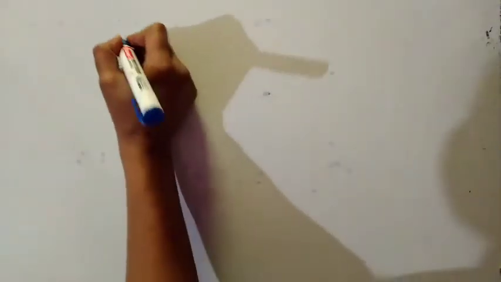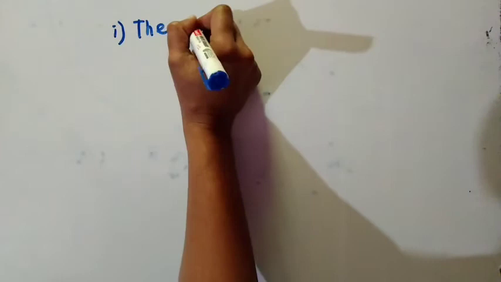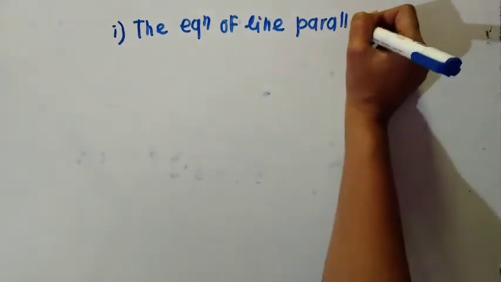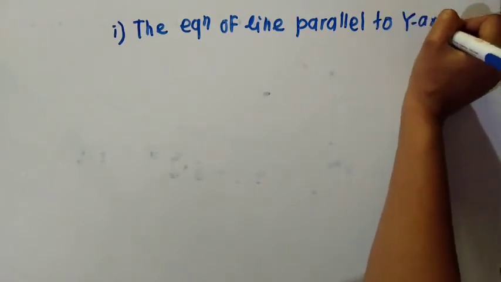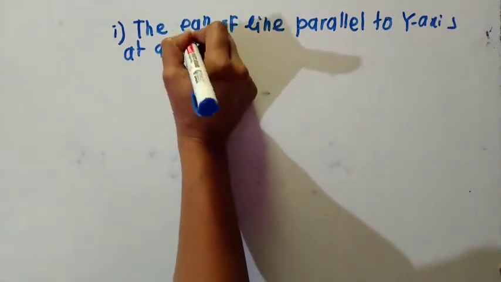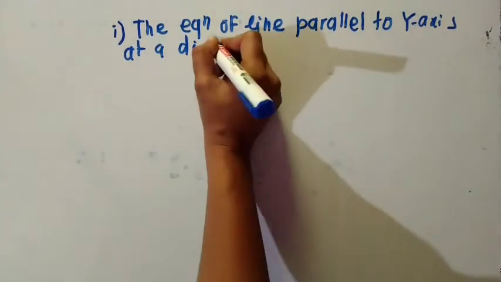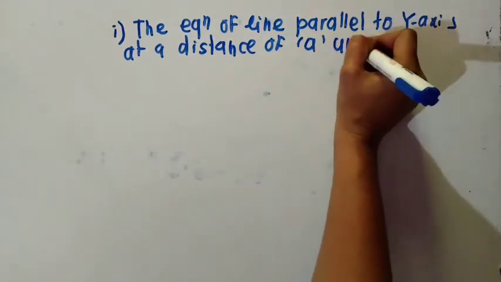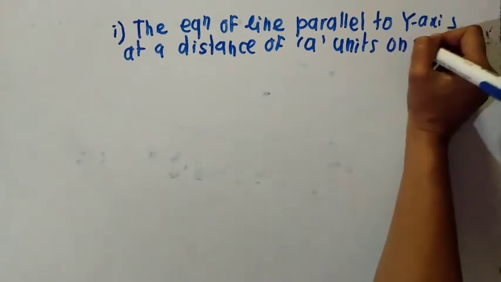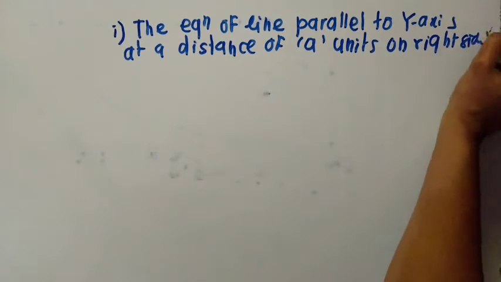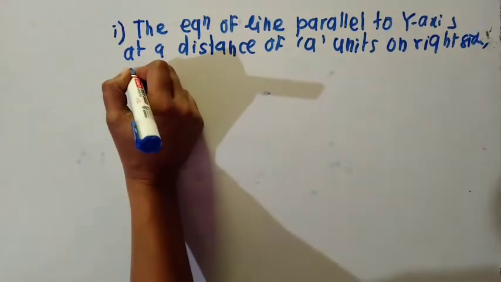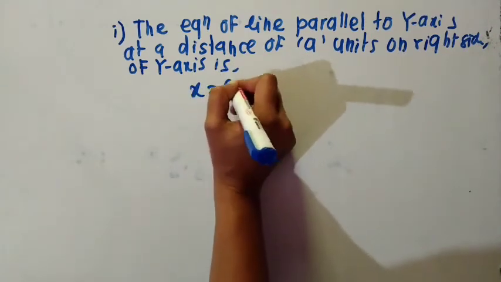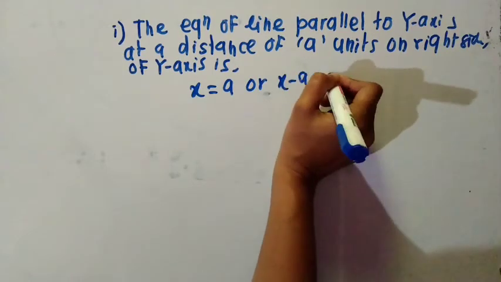Then first is the equation of line parallel to y-axis at a distance of a units on the right side of y-axis is x is equal to a or x minus a is equal to 0.